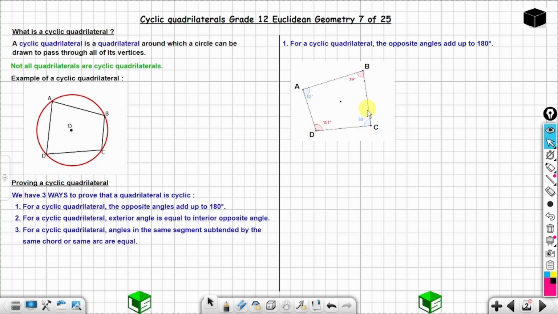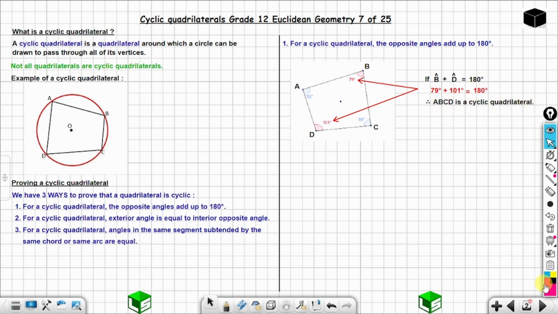If angle B and angle D add up to 180 degrees, in this example you have 79 plus 101, which is equal to 180 degrees. When you have this situation, therefore, ABCD is a cyclic quadrilateral.